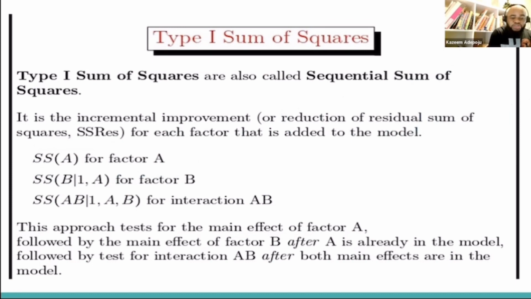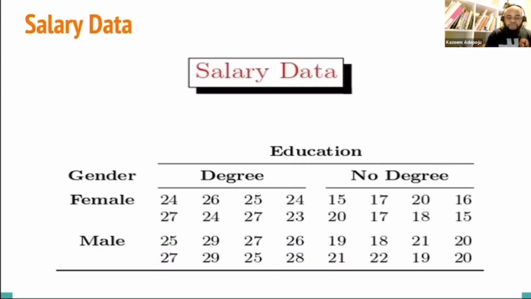This should not be used for unbalanced data, because it's going to assign more variation to the first factor. Now I'm going to show you an example. If you're working with balanced data, whether type 1, type 2, or whatever, they're going to remain the same.